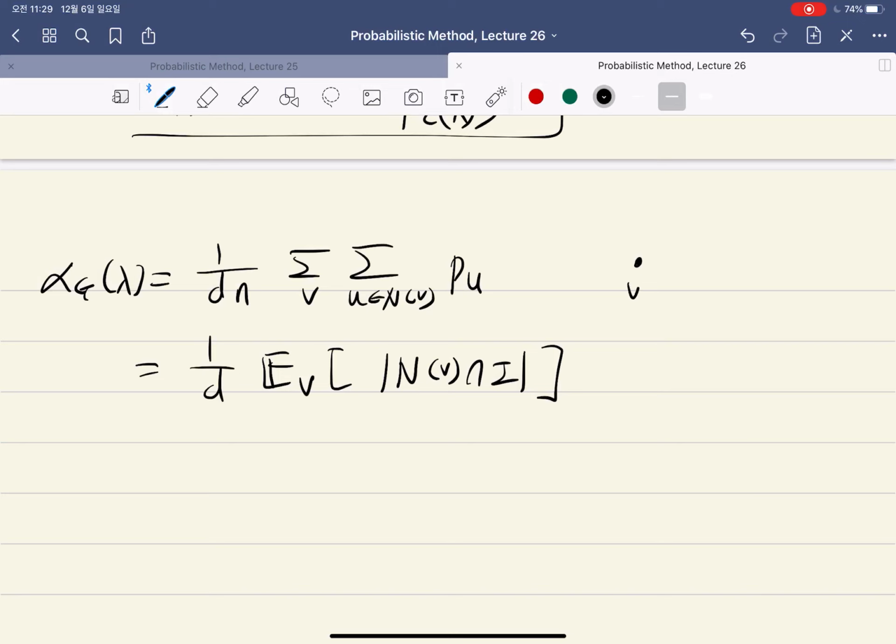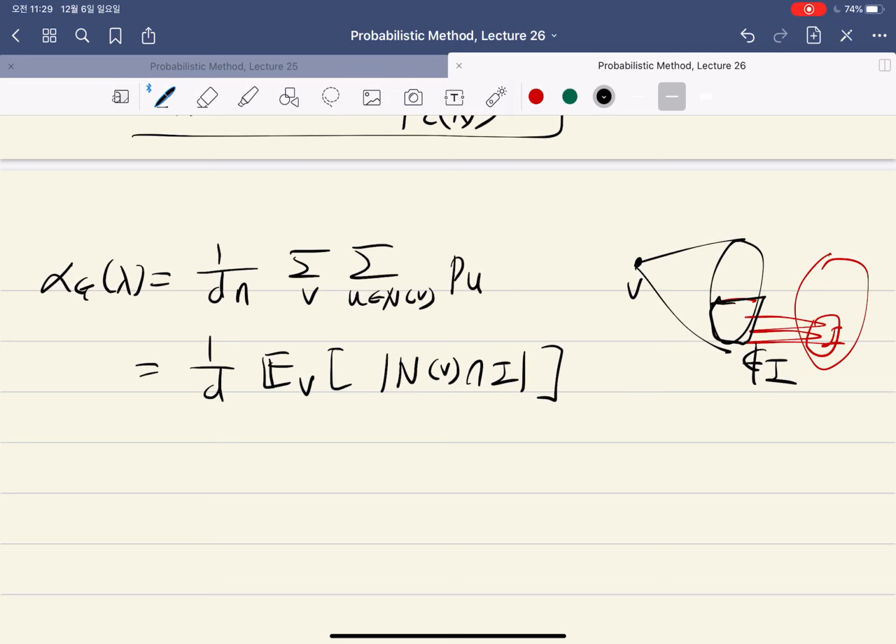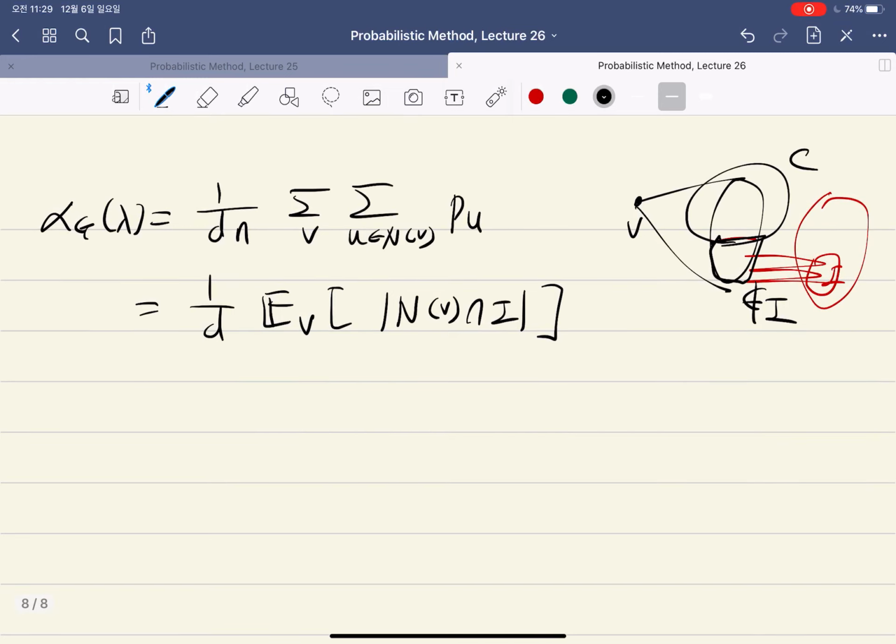But what's the occupied neighbor? Again, if we have I and here, then these are never occupied. So it only occurs inside of C. So all the occupied neighbors of V, all the vertices which are chosen to be in the independent set I, all which is neighbor of V is only in C.